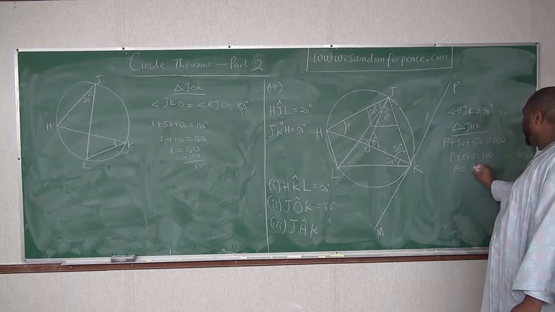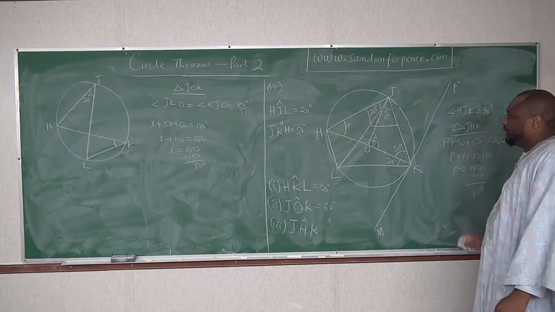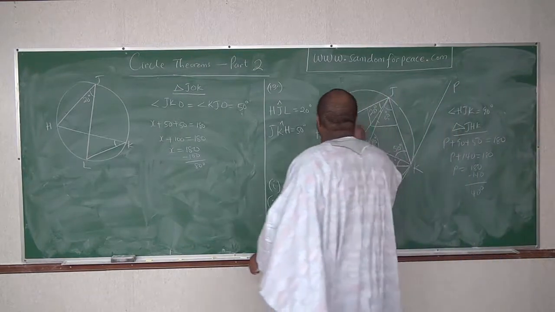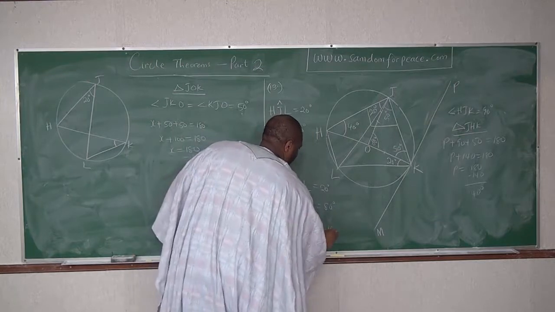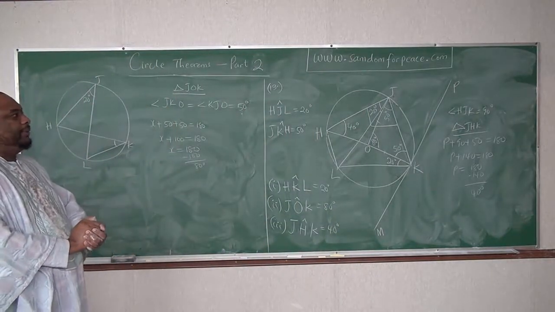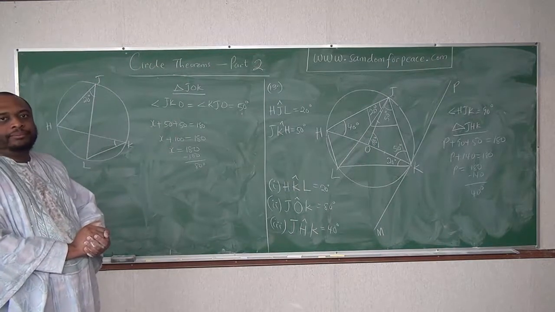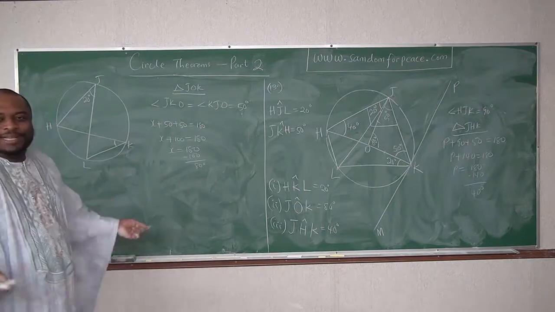So P will be 180 minus 140, which is 40 degrees. So this is 40 degrees. And that's it. It's pretty straightforward, right?